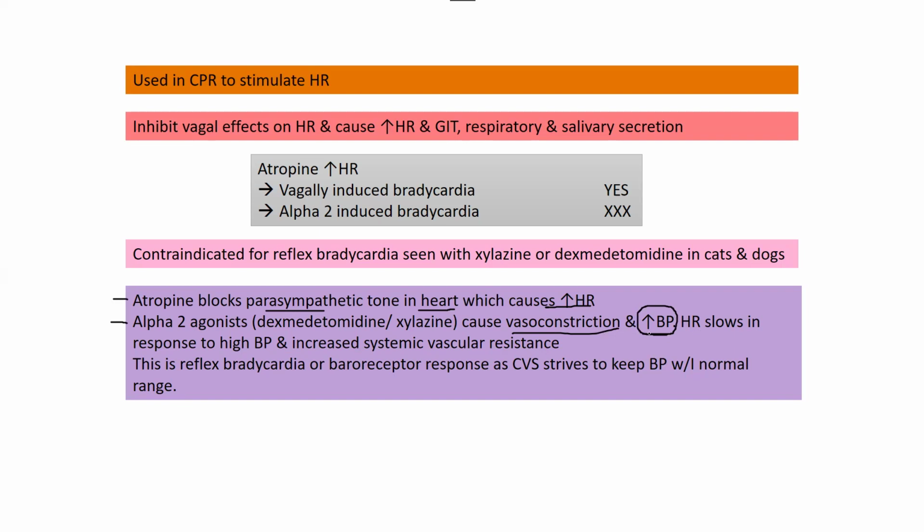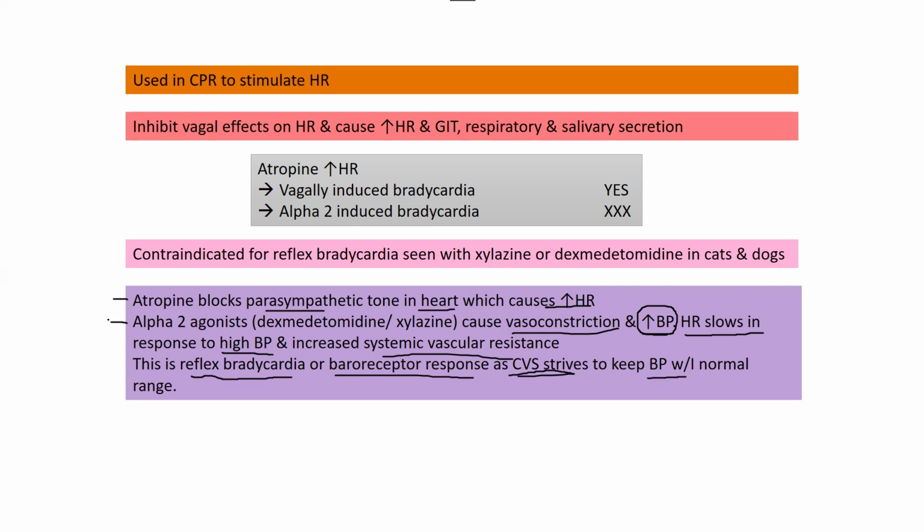So with that, heart rate will automatically slow down to compensate for that high blood pressure and increased systemic vascular resistance. This decrease in heart rate in response to the high blood pressure in the body is called reflex bradycardia or baroreceptor response. Basically, this is the cardiovascular system striving to keep the blood pressure within normal range.